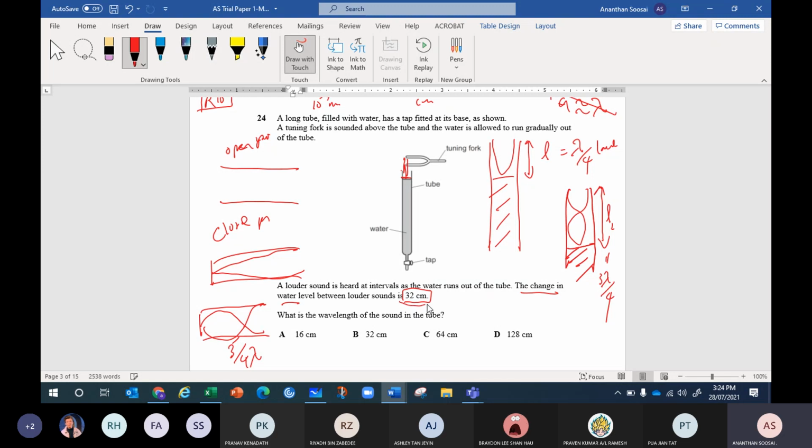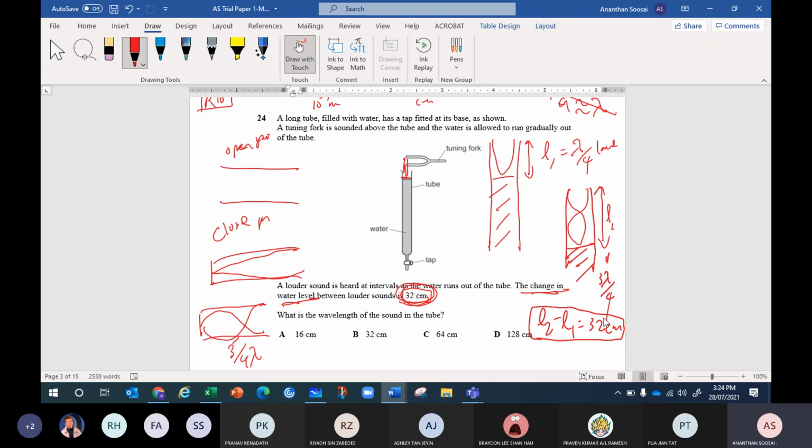So this 32 centimeters is actually what? It's the water level change. The change means L2 minus L1 is 32 centimeters. This is what you should predict.